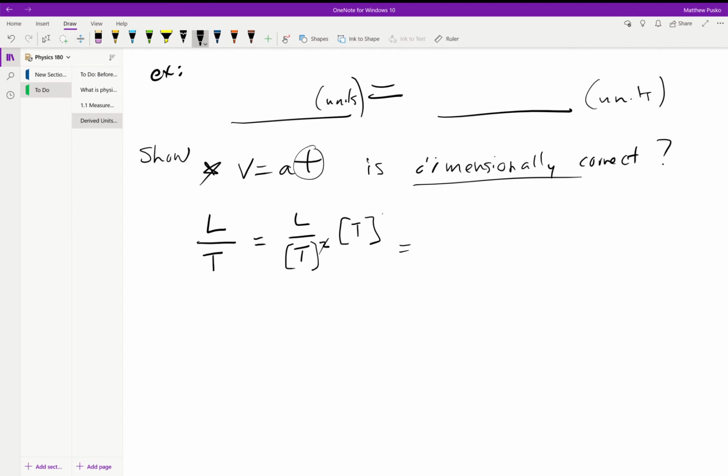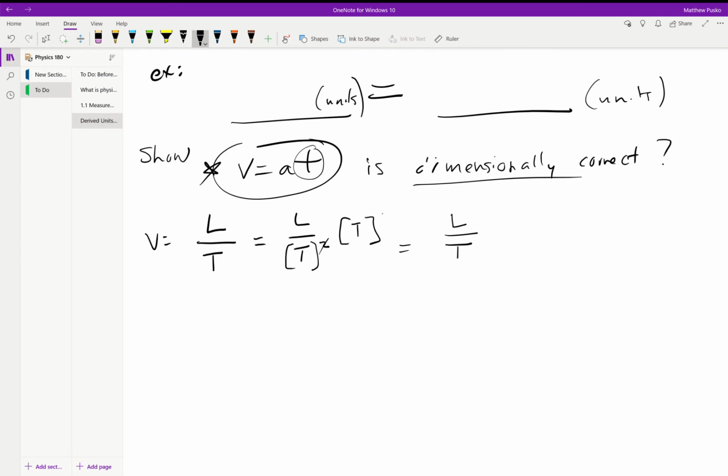That we do indeed get length per unit time. So the expression velocity is equal to acceleration times time, we just verified that that will at least give us the proper units. And you can figure out what some constants of motion might be, or proportionality, in this method.